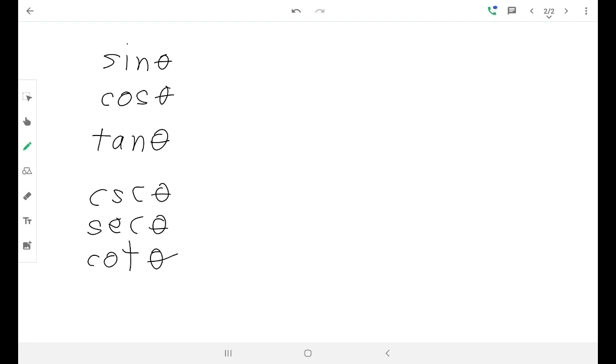And sine and cosine, of course, we don't have to worry about because those are already in terms of sine and cosine. But tangent is actually sine of theta over cosine of theta. That's how we define tangent. Cosecant theta is 1 over sine theta.